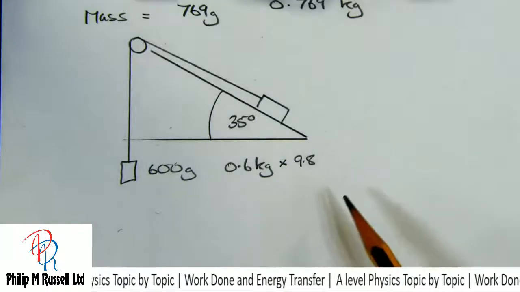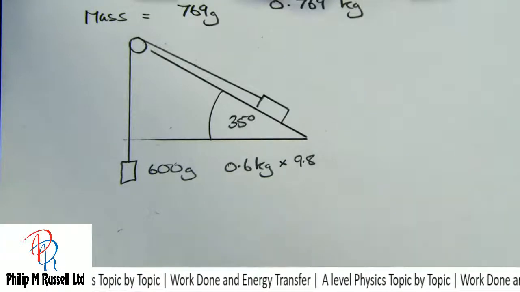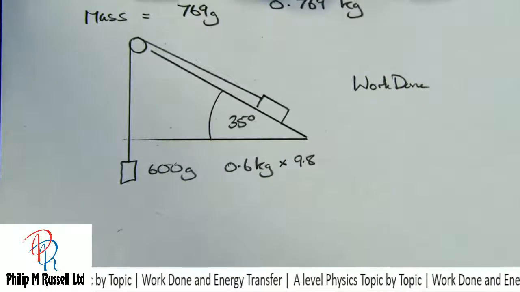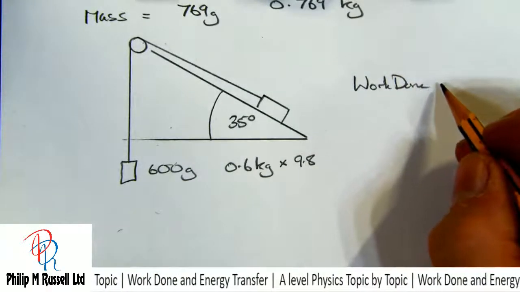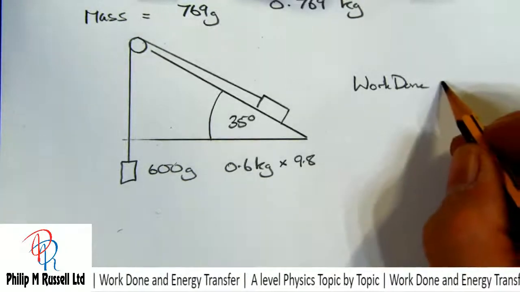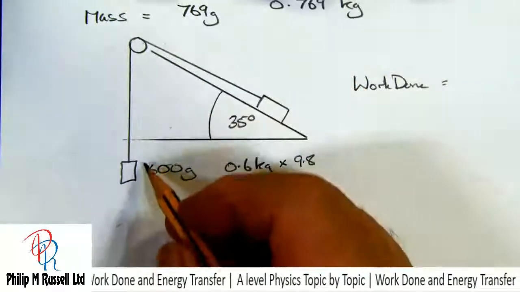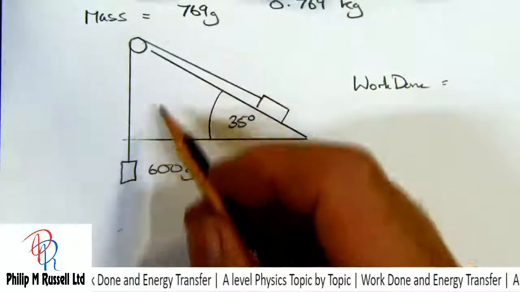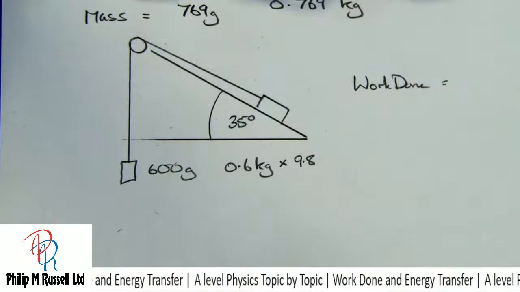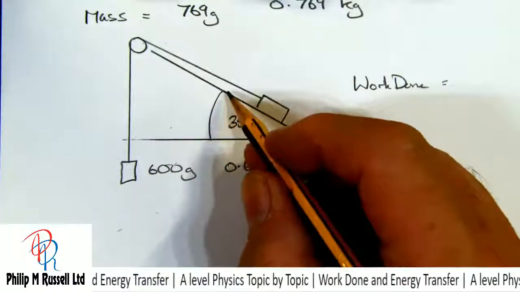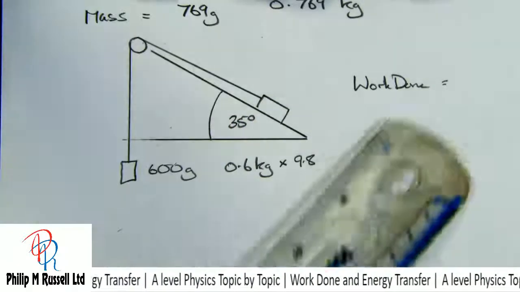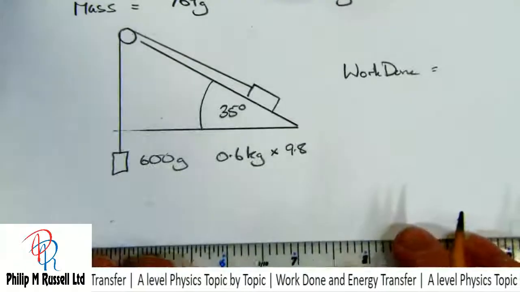If we look at what we're doing here, my work done isn't simply my force times my distance, because the force, we're looking at some sort of relationship here with the force and the angle. We know that we've got this going up in this direction, so we've got a little triangle.